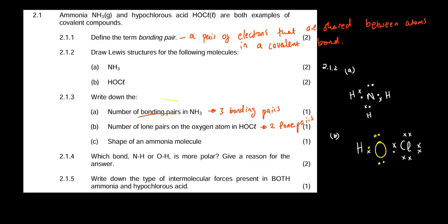Yes, that's a trigonal pyramidal, and as you can remember, it has three bond pairs and one lone pair. It's a non-ideal shape, so that makes it a polar molecule. Right. So which bond, NH or OH, is more polar? And then give a reason for your answer.